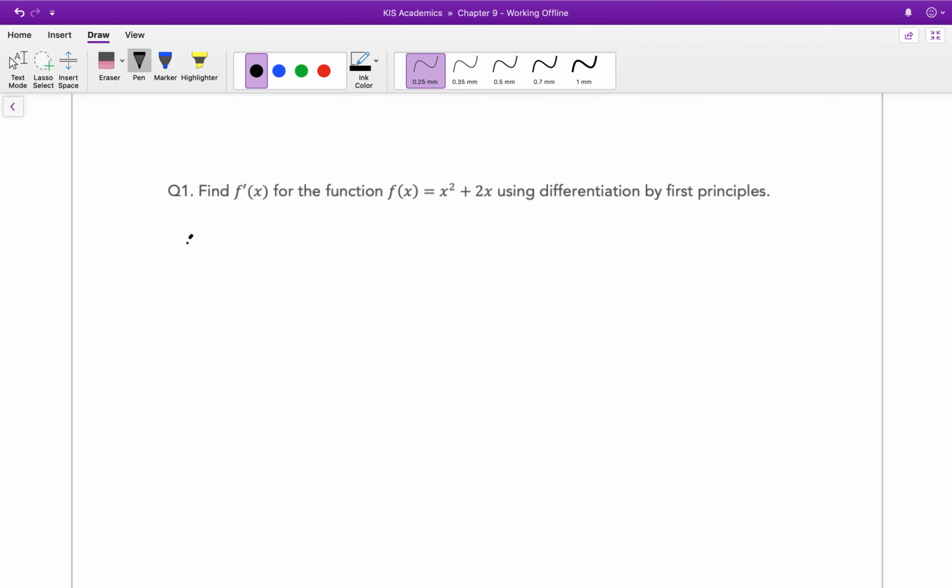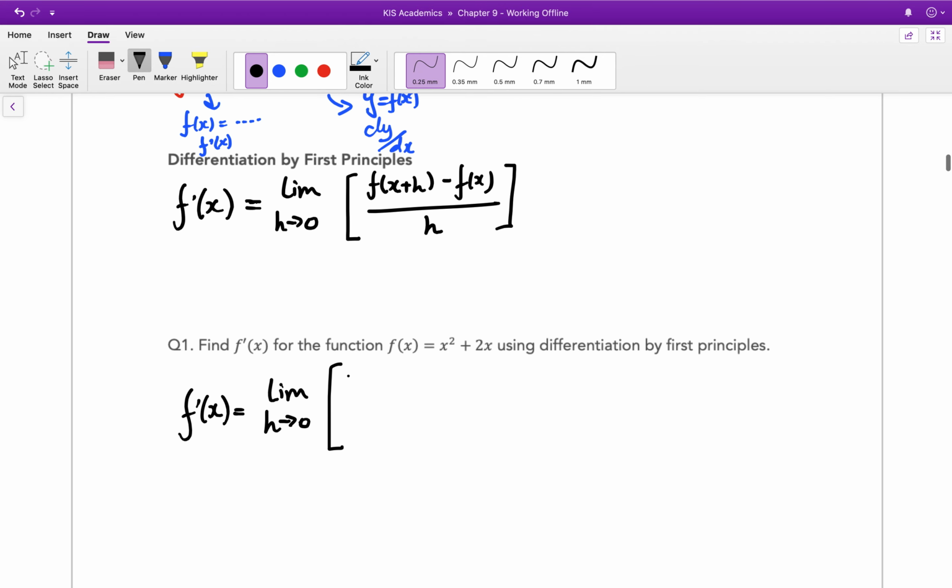So that gives us f dash of x equals the limit as h approaches 0 of f of x plus h, which is (x plus h) squared plus 2 multiplied by (x plus h), minus f of x, so minus (x squared plus 2x), all divided by h.